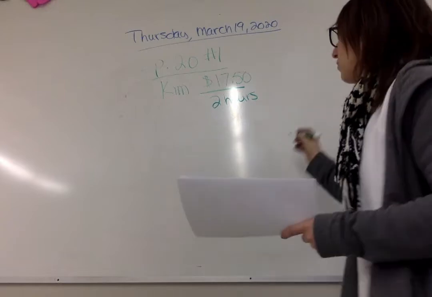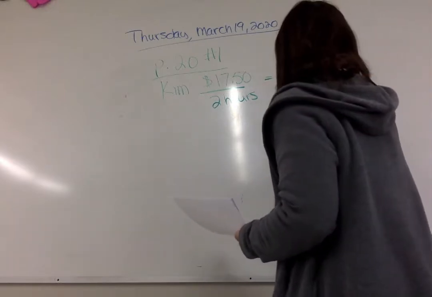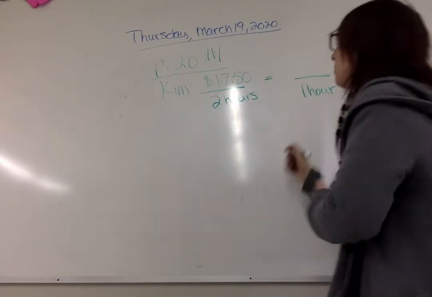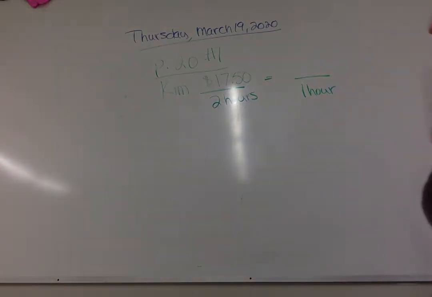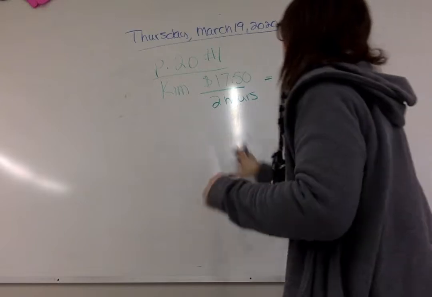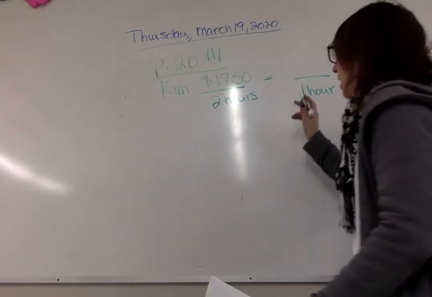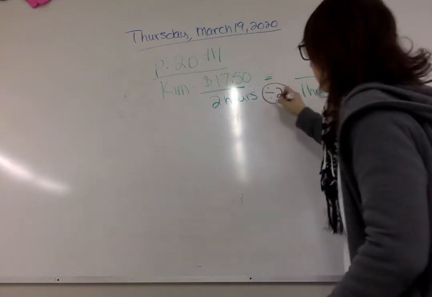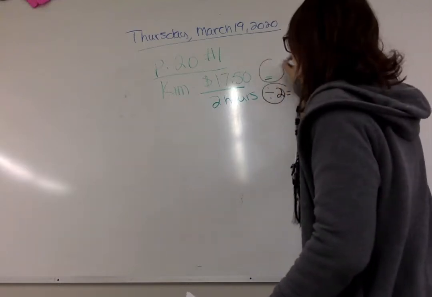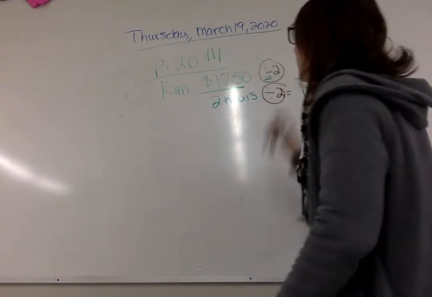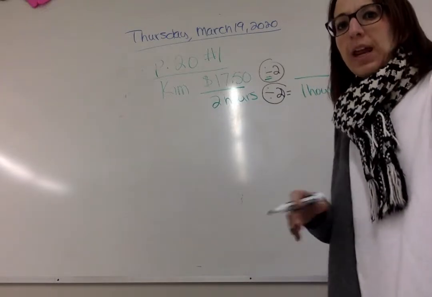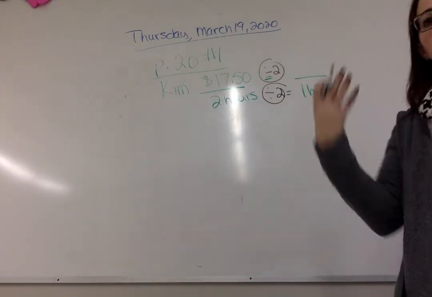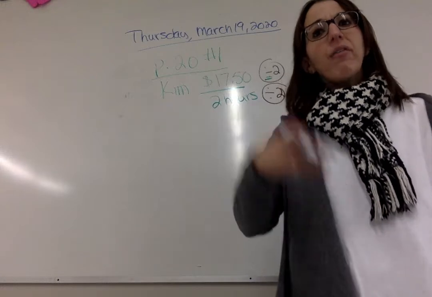I need to know if she works 1 hour, how much money will she make for every hour of work? So I asked myself, how do I get from 2 to 1? Obviously, I divide by 2, which means if I divide by 2 here, I have to divide by 2 on the top to figure out how much money she makes per hour, each hour, every hour.